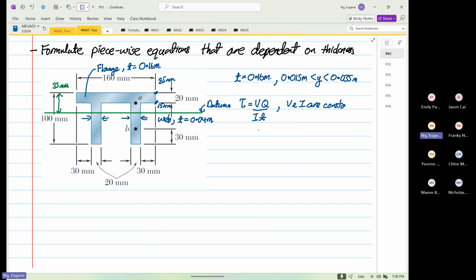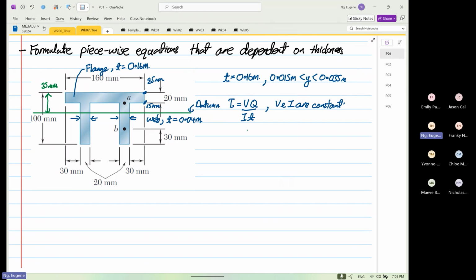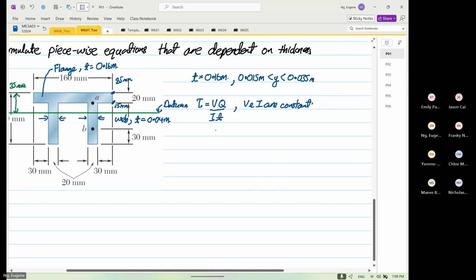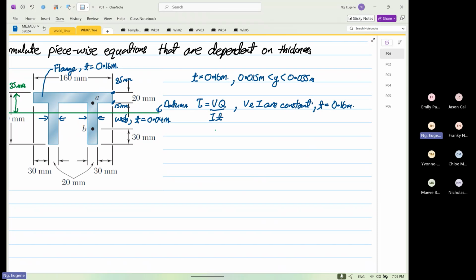So it's a fixed value, which is given, so nothing to do. And we also know that for this case, thickness is equal to 0.16 meters. Okay, so the only thing that we have to formulate now is our what? Q. Okay, so now Q about the z-axis as a function of y.